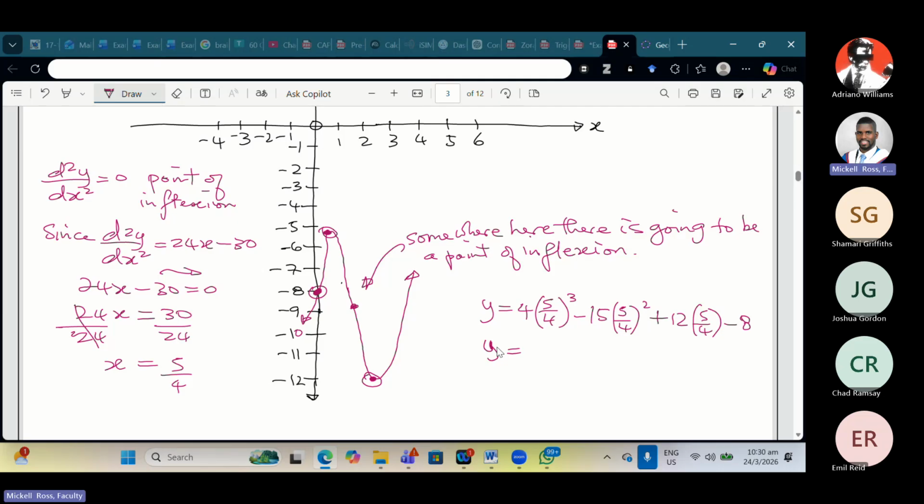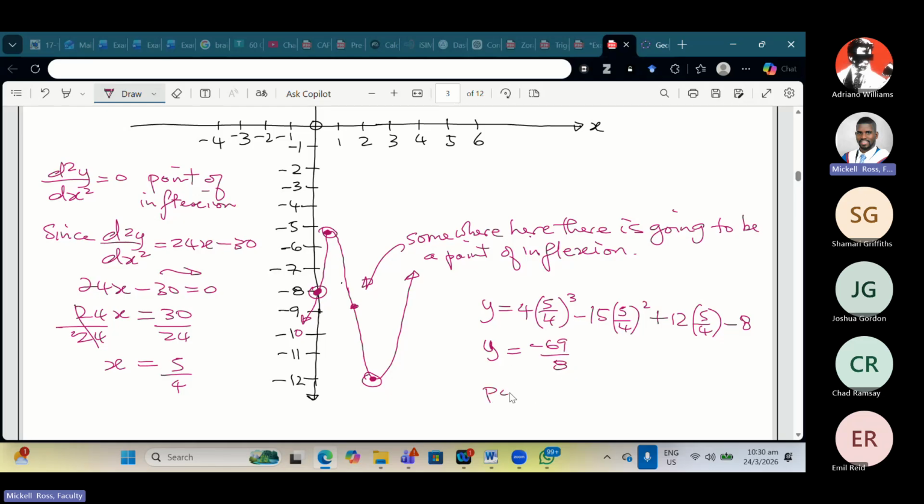You can just use a calculator for this part. So we're going to get negative 69 over 8.